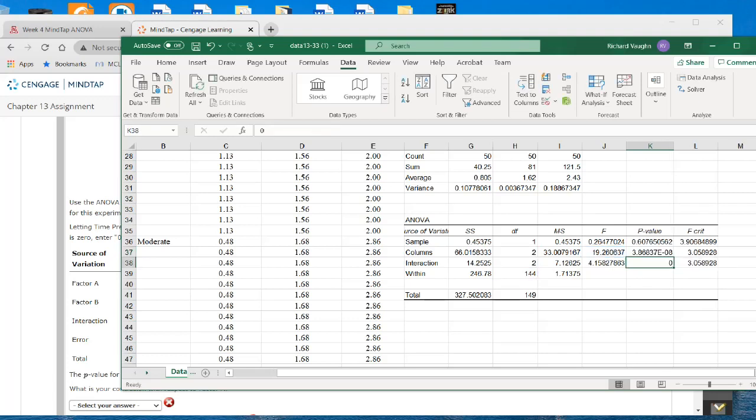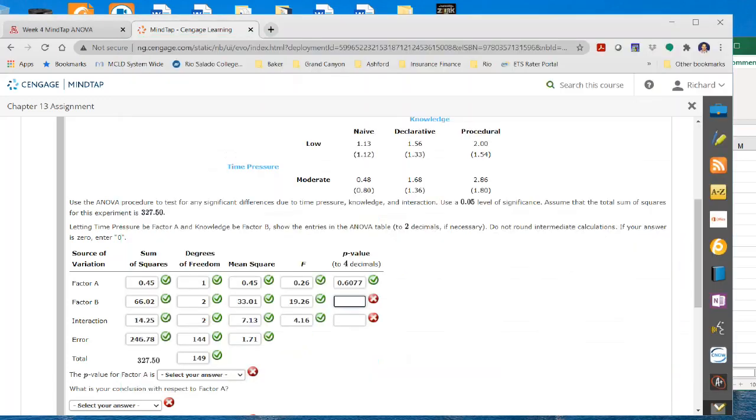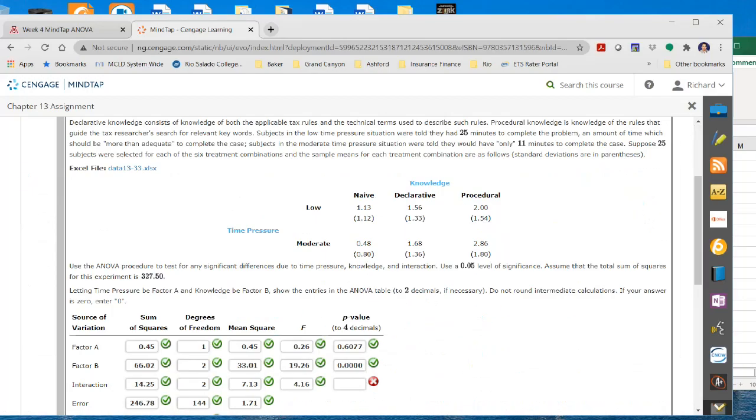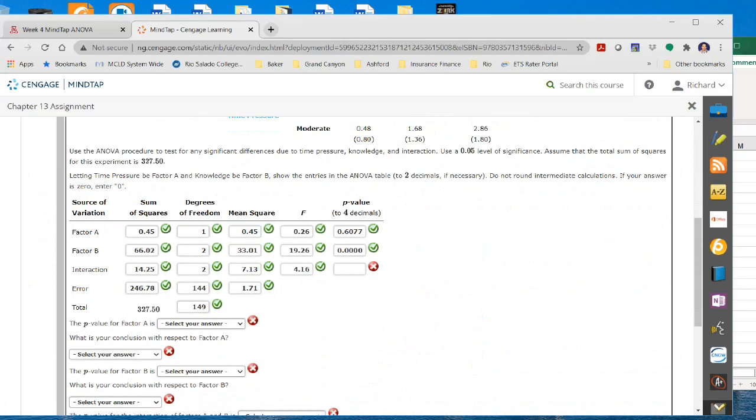So that's giving me a p-value of e to the minus 8, times 10 to the minus 8. This rounds to 0.0000. So let's put that in over here. And you can see we have that one correct now.